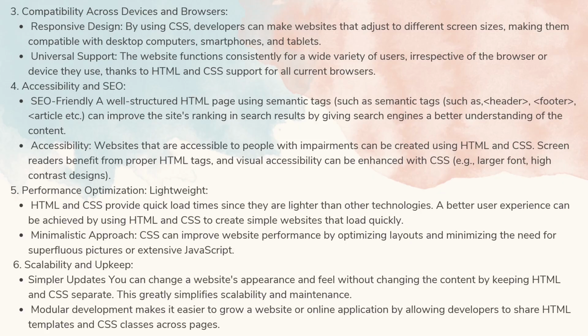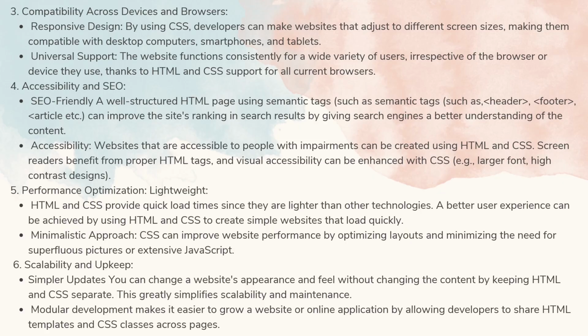Accessibility: websites that are accessible to people with impairments can be created using HTML and CSS. Screen readers benefit from proper HTML tags, and visual accessibility can be enhanced with CSS. An example: larger font, high contrast designs.